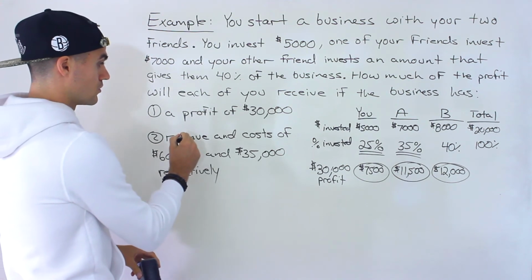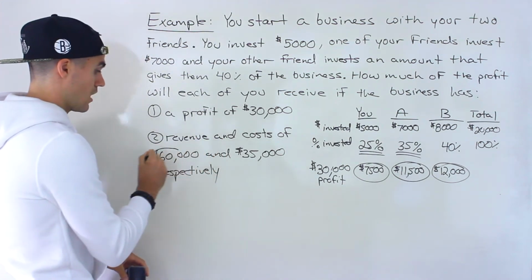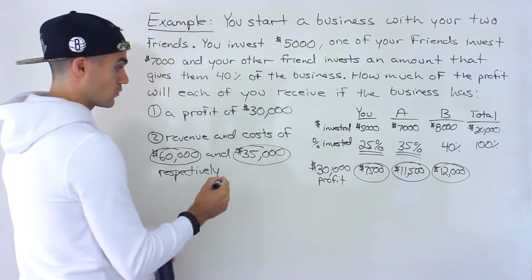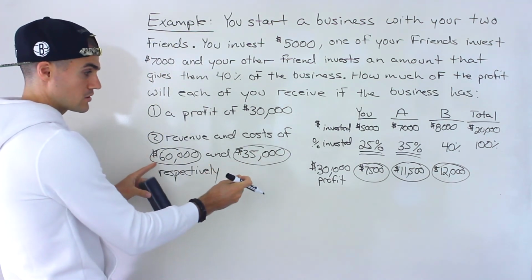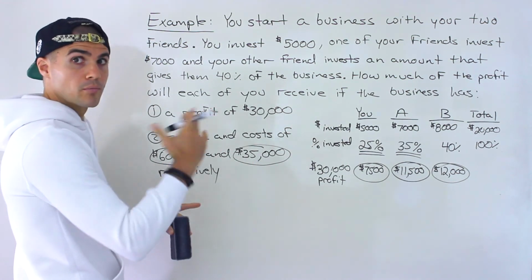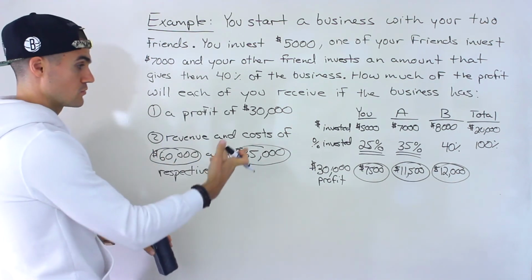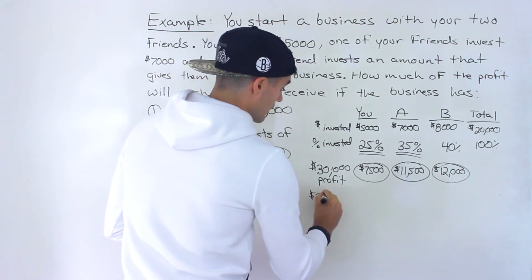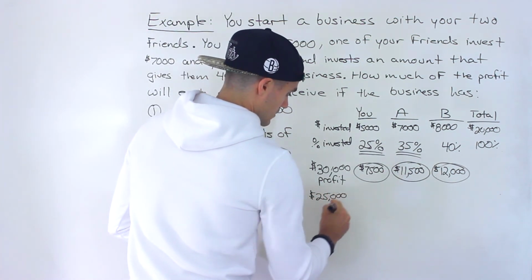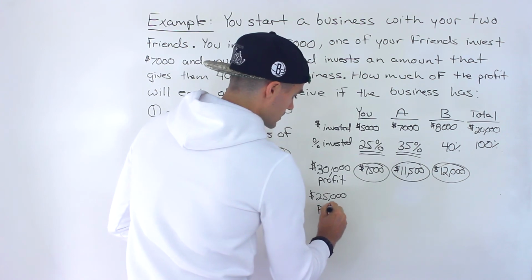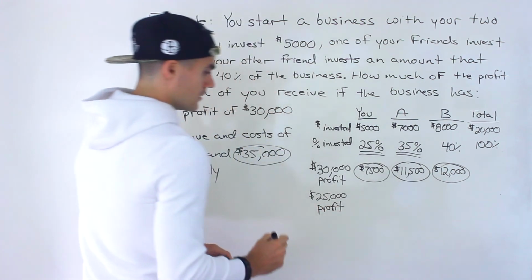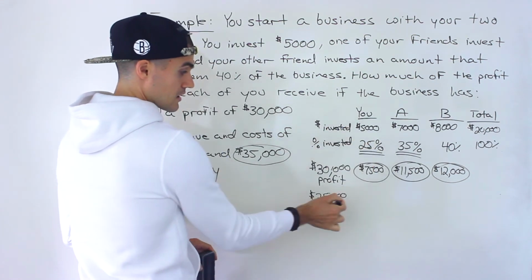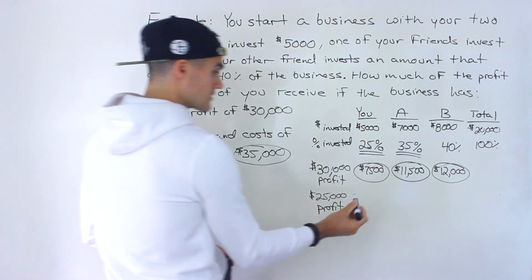Then number two, what if there are revenues of 60,000 and then costs of 35,000? Well, notice we have to do a preliminary step in figuring out what the profit is, which is just revenue minus cost. When you do that, the profit would be 25,000. And then you just follow the exact same process. So what is 25% of 25,000?